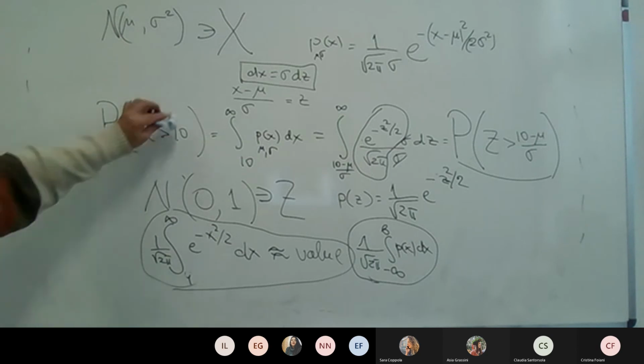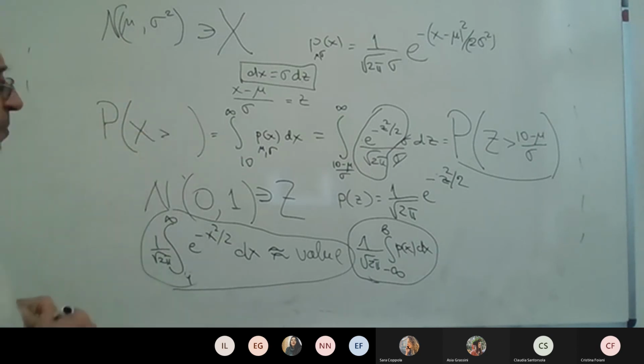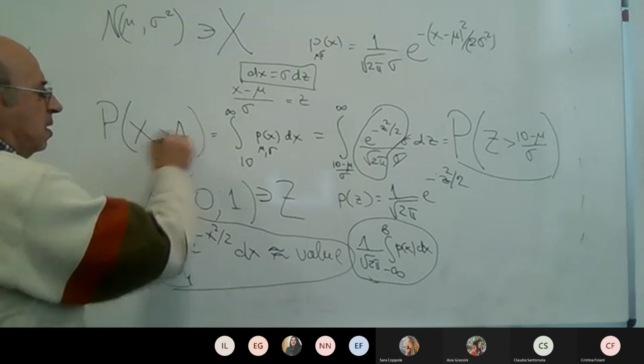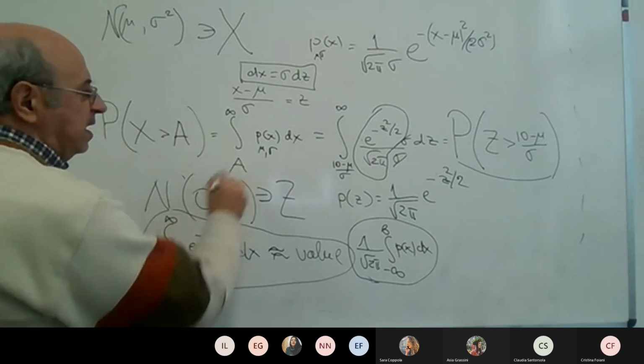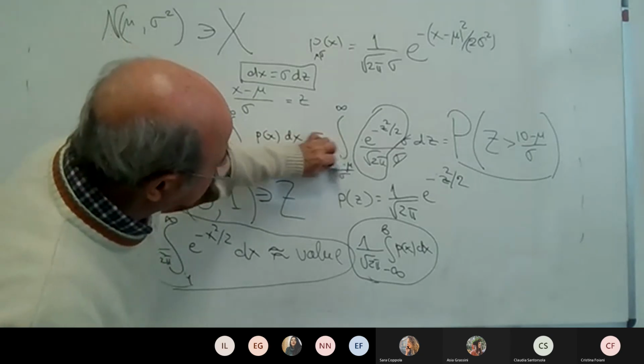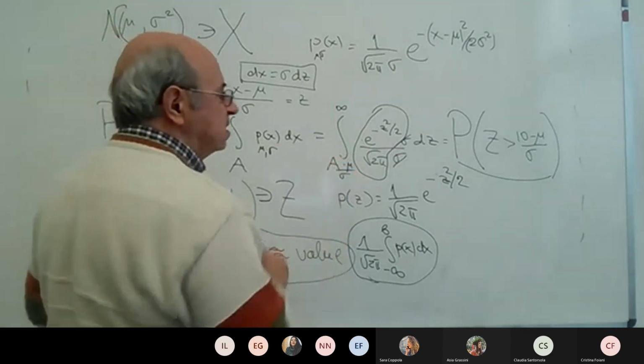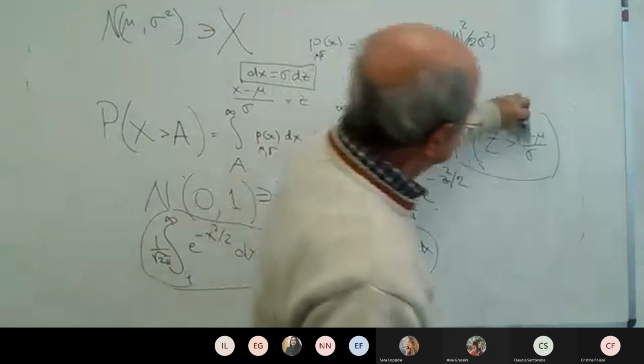Actually, here it is clear that we can replace this 10 by any real number a. So the only difference is that here we have a, and here you have a.